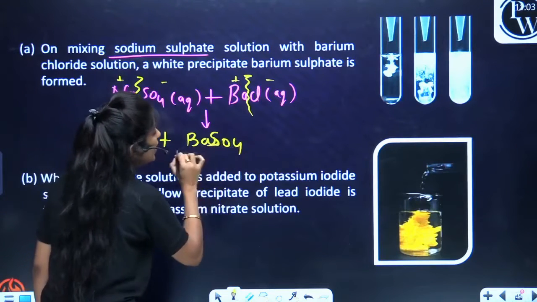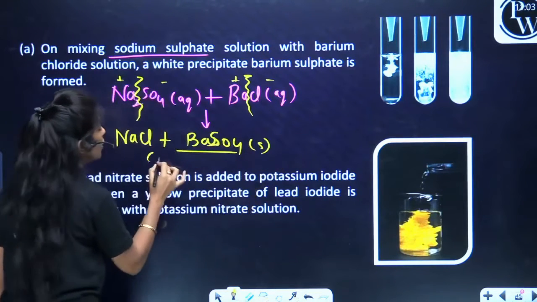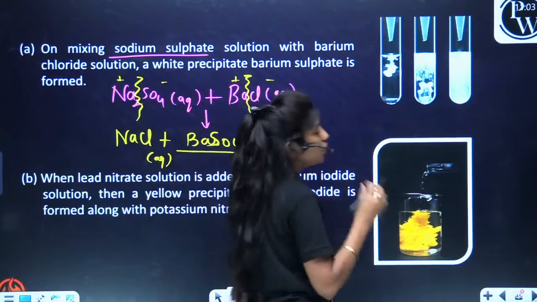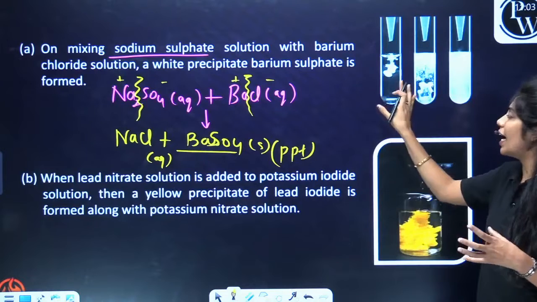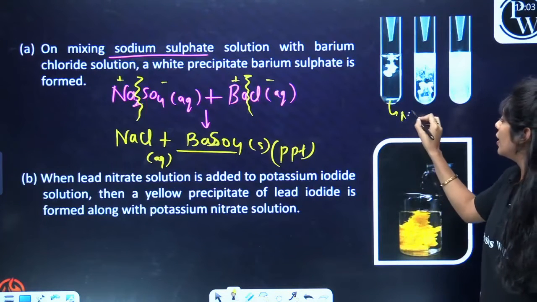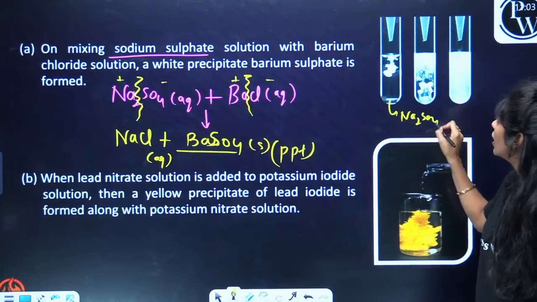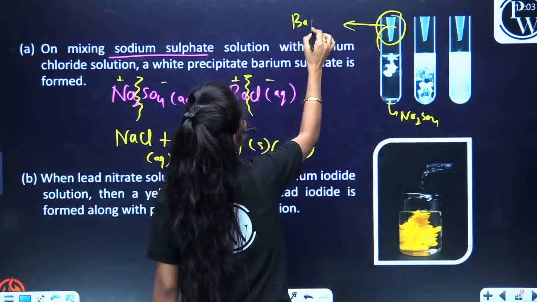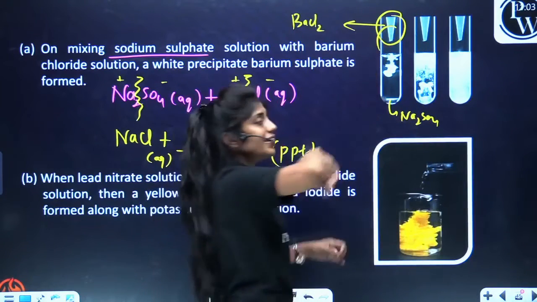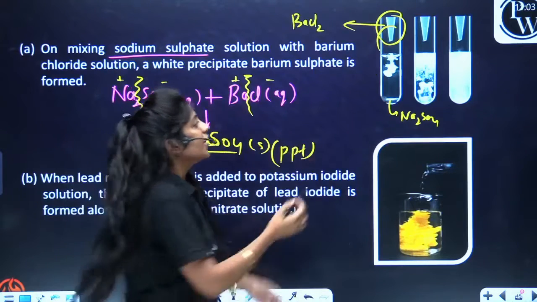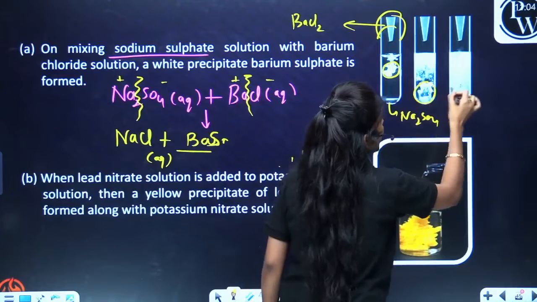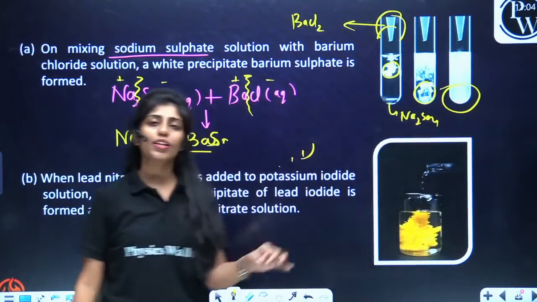Okay, so BaSO4 is the precipitate here. Suppose this test tube has Na2SO4, and in this different test tube I have BaCl2. When I add these two solutions, what will occur? There will be formation of precipitate, you see, settling into the bottom of the beaker.